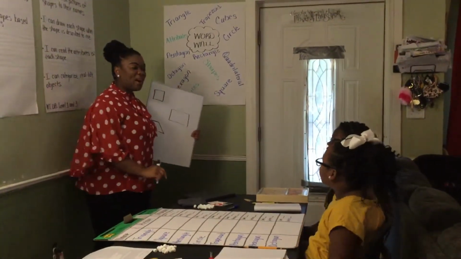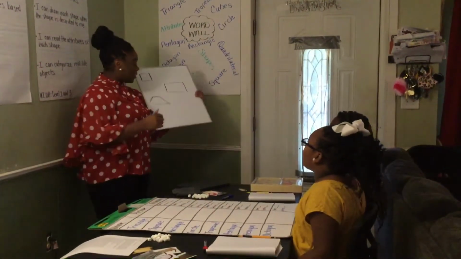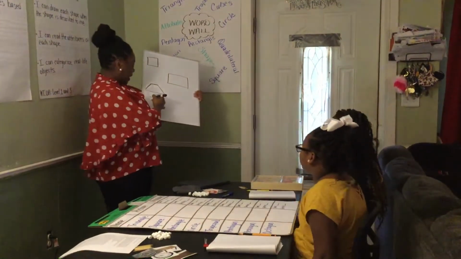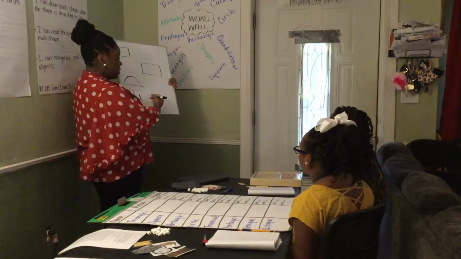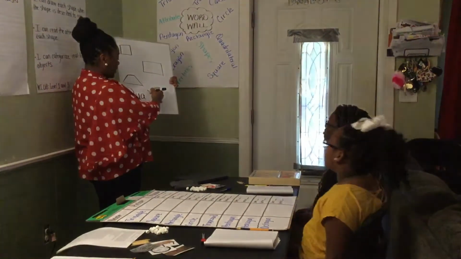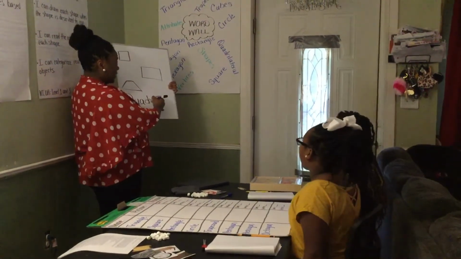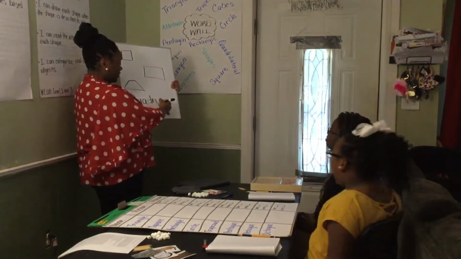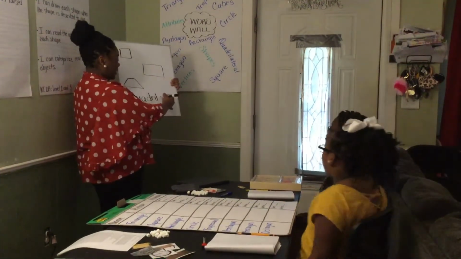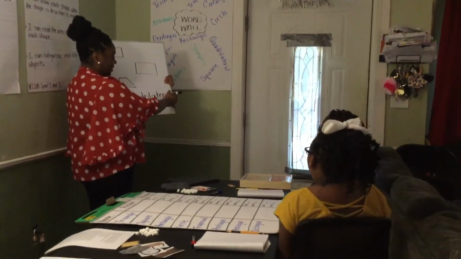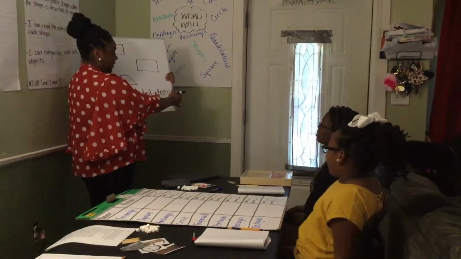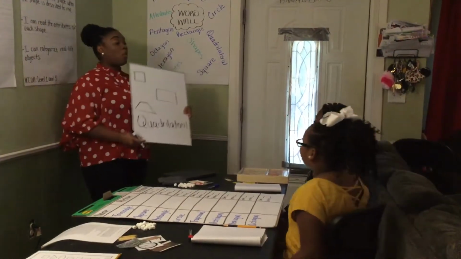Can we repeat that word? Quadrilateral. Ooh, can we spell it? Q, U, A, D, R, I, L, A, T, E, R, A, L. Good job.